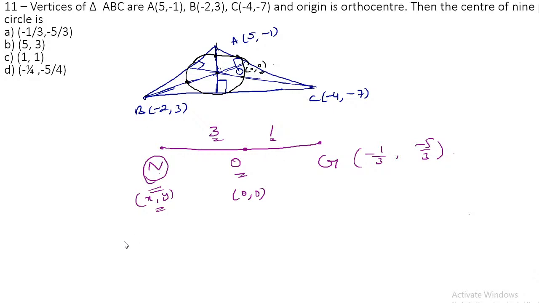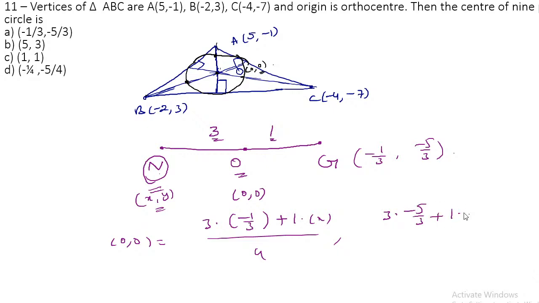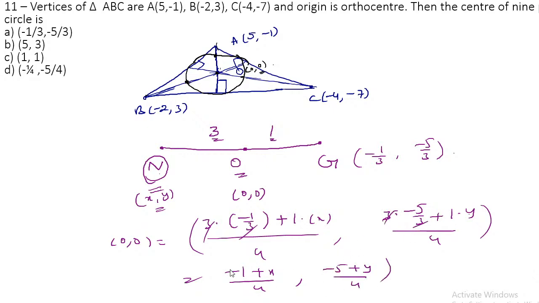So 3:1, and (0, 0) is equal to (m x2 + n x1)/(m + n), which is 4, comma (m y2 + n y1)/4. So this is equal to (3 times -1/3 plus x)/4, so (-1 + x)/4, comma (-5 + y)/4.